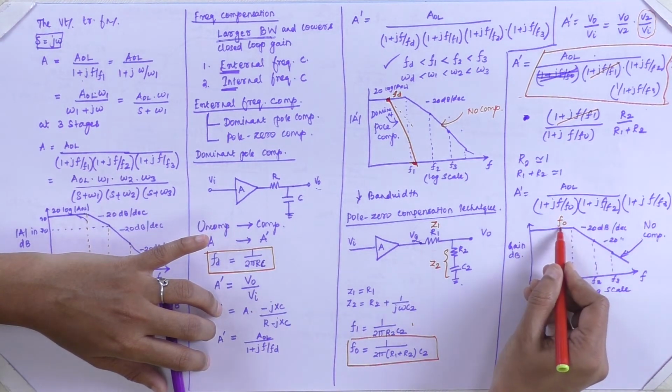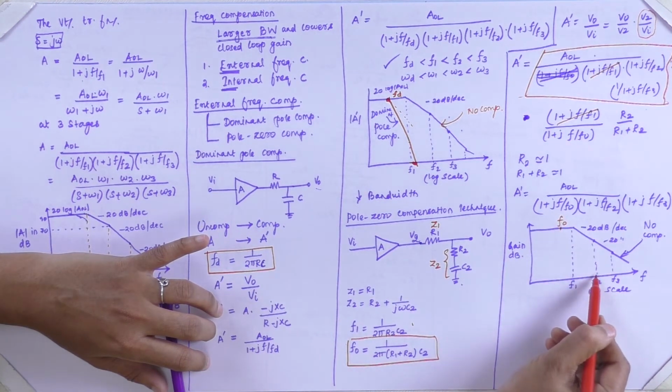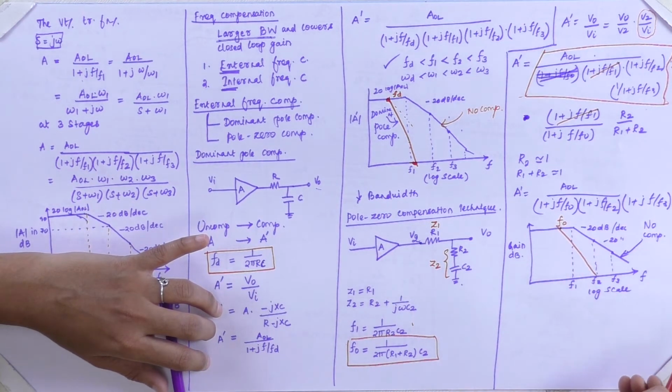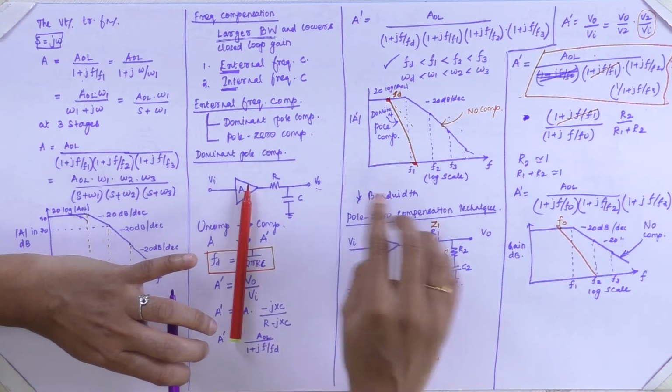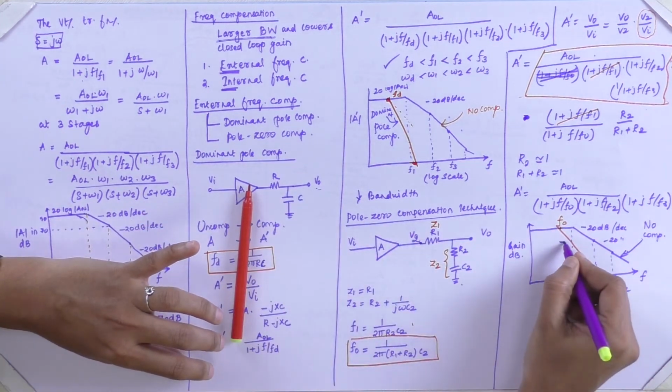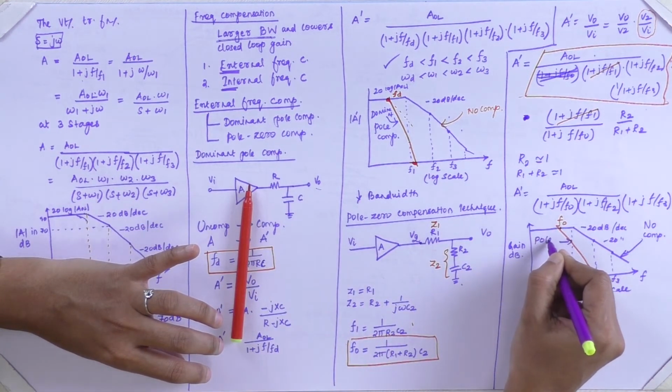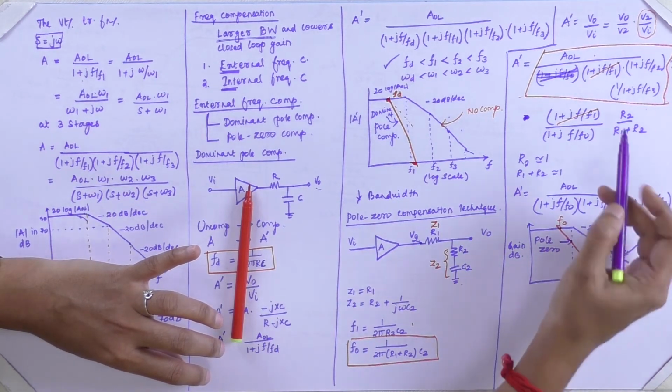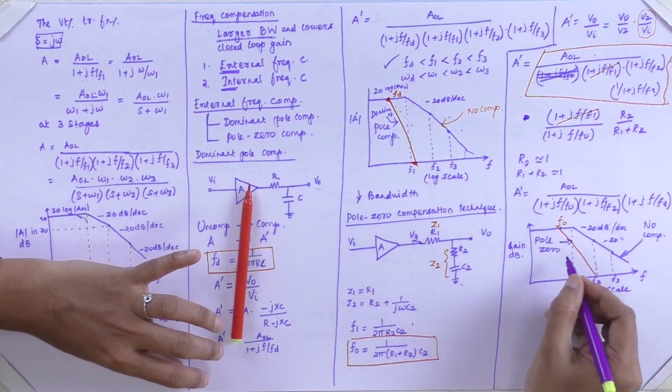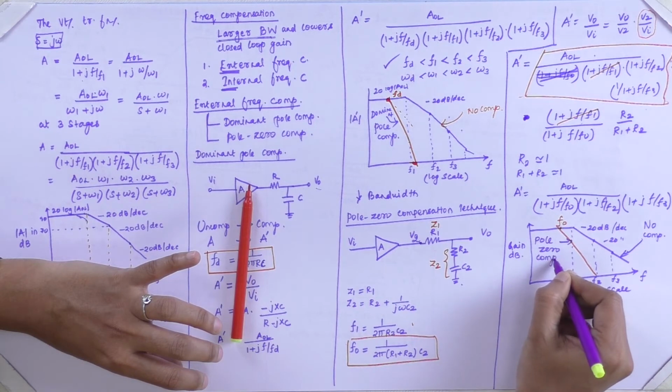So this is the 90 decibel frequency and it directly touches your F2 frequency. So in case this is your pole zero compensation technique. So here 1 by F1 and 1 by F1 get cancelled.